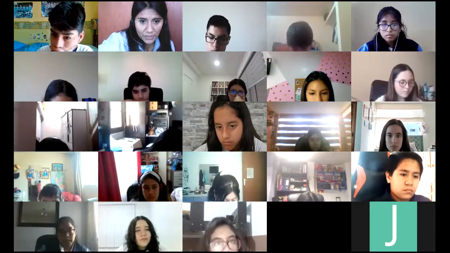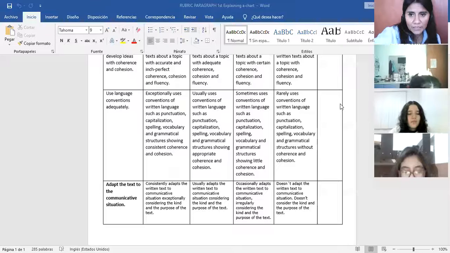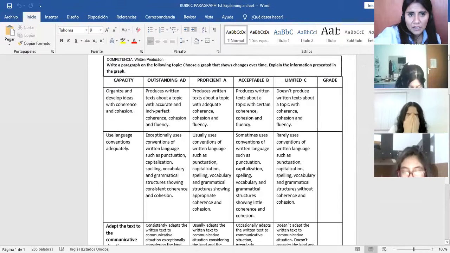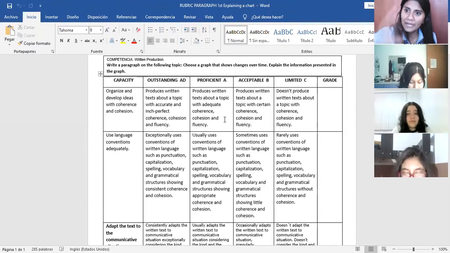as I said before, I'm going to evaluate in your paragraph these criteria that are also in Aula Virtual. It's how you organize the paragraph, if there is a topic sentence, if there are at least 3 details, if there is a concluding sentence, etc. The second is the use of language conventions.